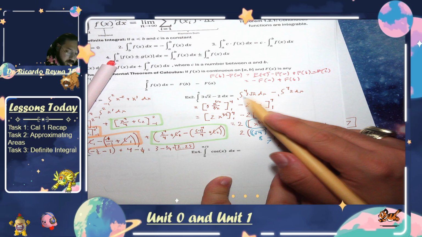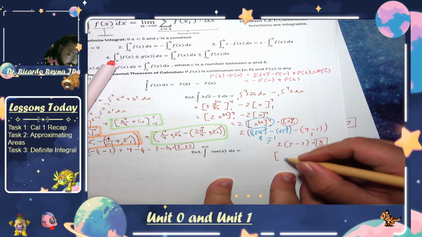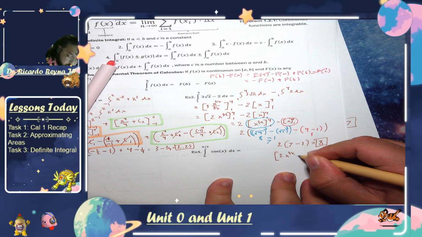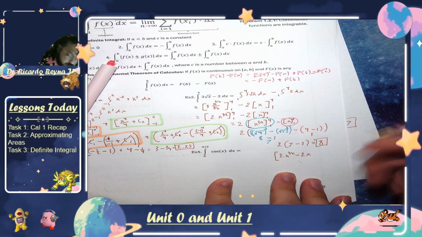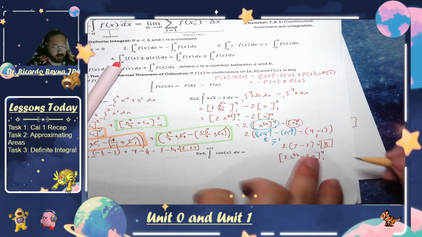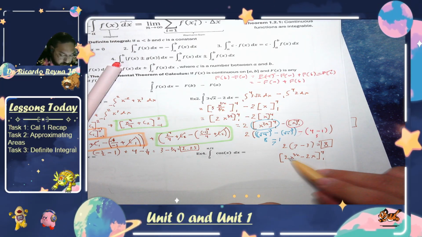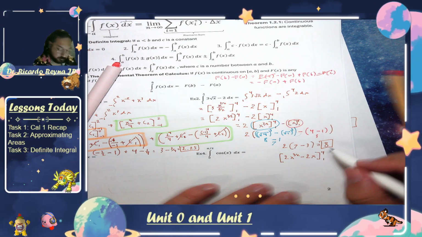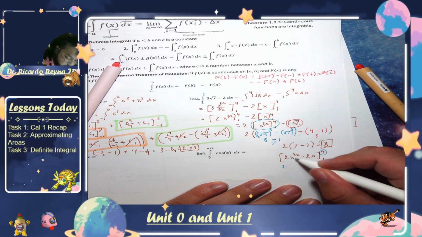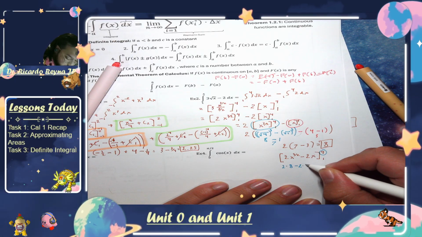So if you left this all together, you technically could have done it as 2x to the power 3 over 2 minus 2x from here, and then you would get 4 for this, which is just 2 times 8 minus 2 times 4.